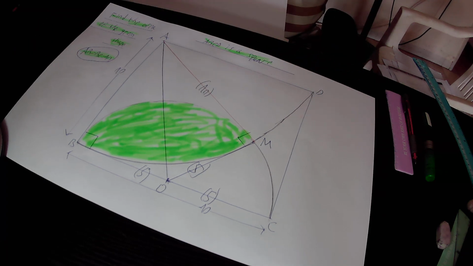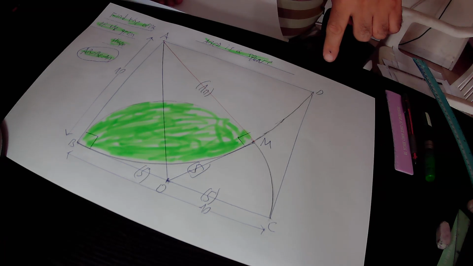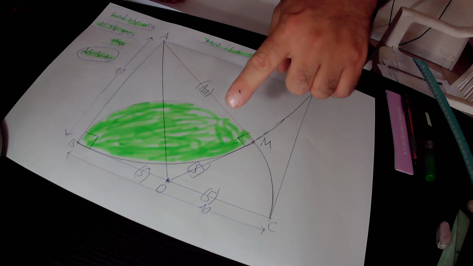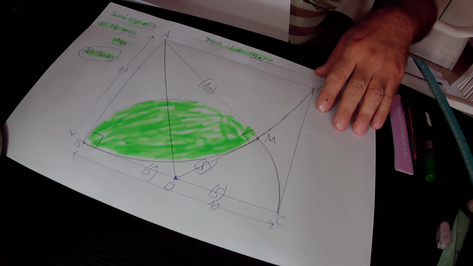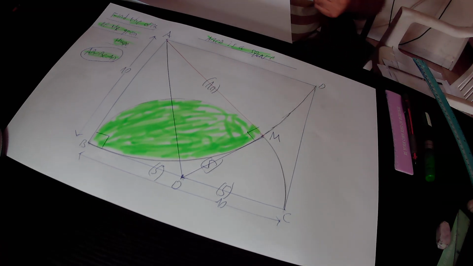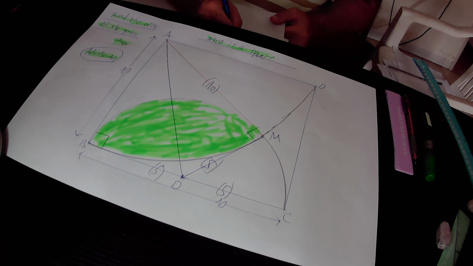Likewise, side AB of the right triangle ABO equals side AM of the right triangle AOM. They are both the radii of the quarter circle, equal to 10, and therefore they are equal to each other. So AB equals AM.